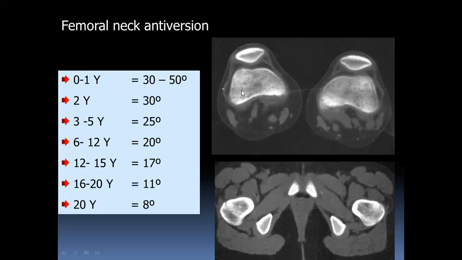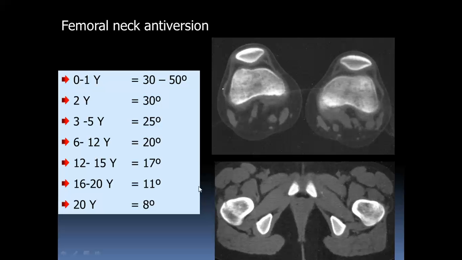Here is the distal, and here is the neck of the femur. In the neck of the femur there is a line here, it can be drawn like that, and a line here getting the axis, and these are the measurements.